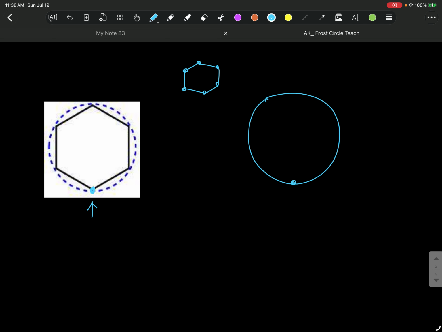From here, I'll draw 2 more on this side, 2 more on the next one, and 1 at the top, and then you can connect them all. Either way, you want to make sure that you have a circle and the polygon inside such that one of the vertices is at the bottom of that circle.